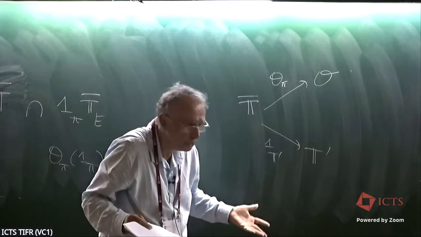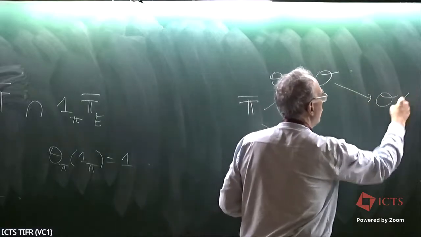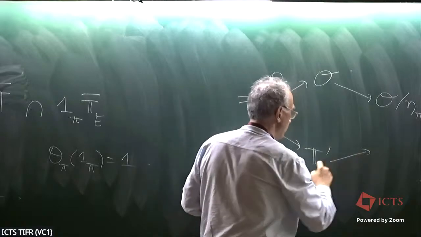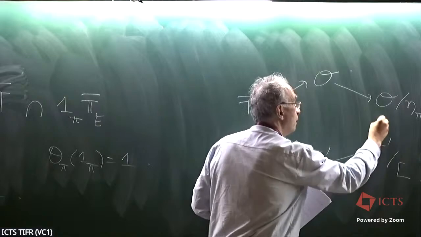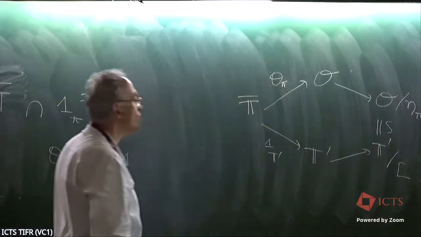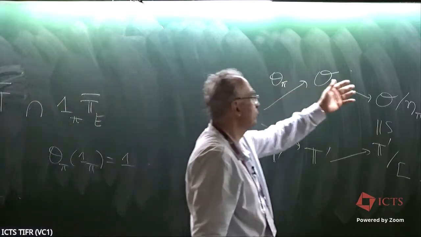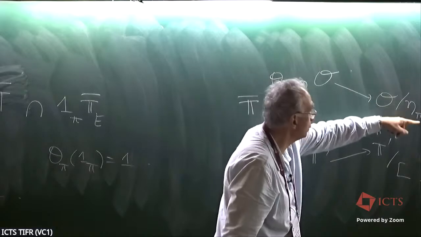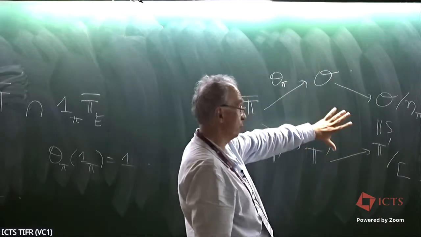They are completely different from pi. But if you reduce modulo eta pi, then you will have an ideal here such that if you reduce modulo this ideal, these two rings are isomorphic and this diagram commutes. So eta pi is the largest quotient of O for which such a diagram commutes.